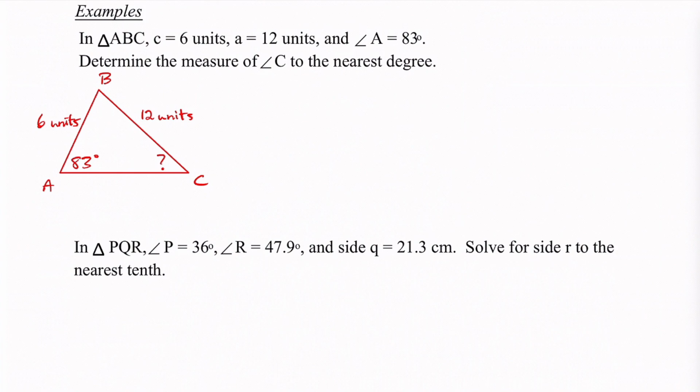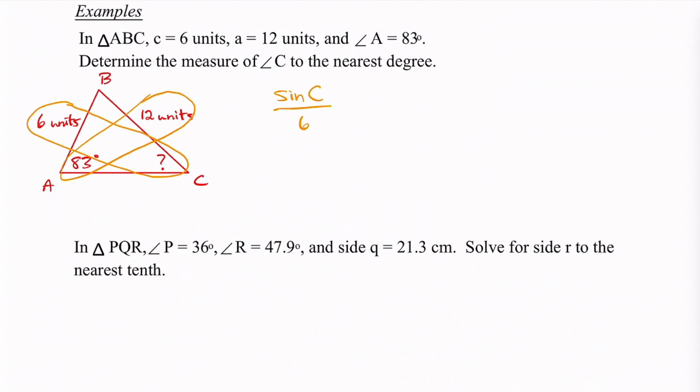Now what we want to do is see if you have those matching opposite pairs. Like this one, we have 83 with 12, they're on opposite sides, and 6 we have with the question mark. So if you have that going on, you can use the sine law. So I want to find this angle C, so I'm going to put sine of C over the one that was across from it, which was 6.